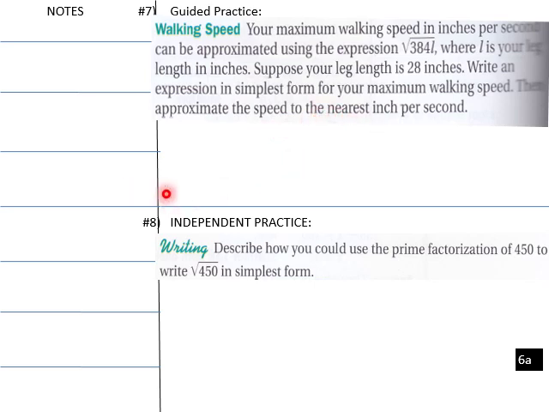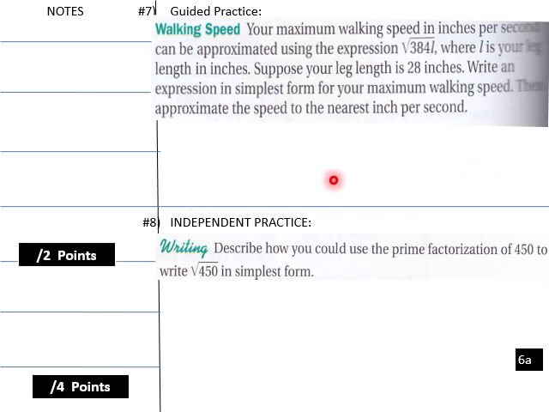So 104 inches per second will be your maximum walking speed if you have a leg length of 28 inches. In simplest form, it would be 16 times radical 42, so the maximum walking speed would be 104 inches per second.